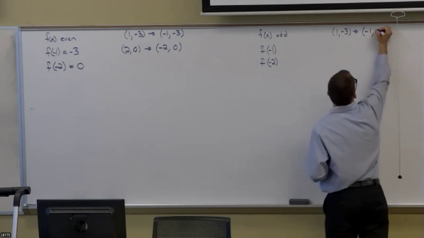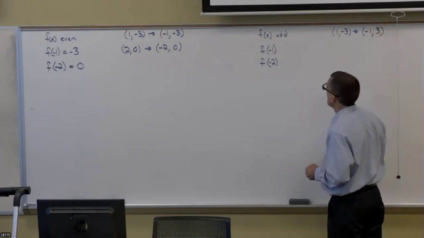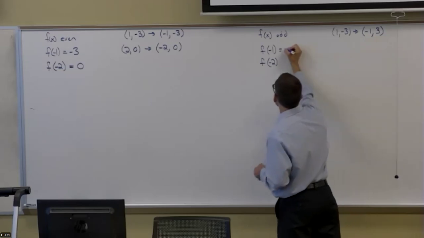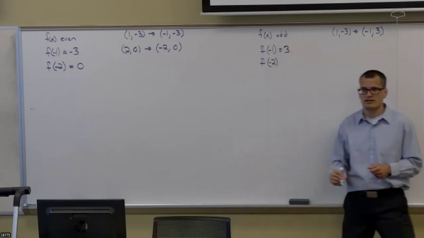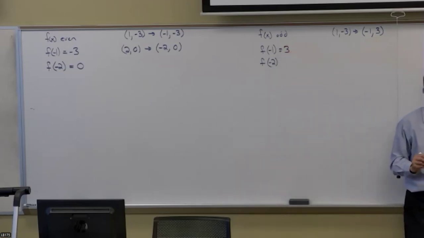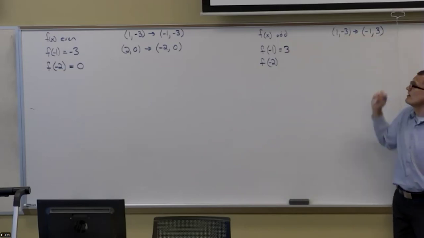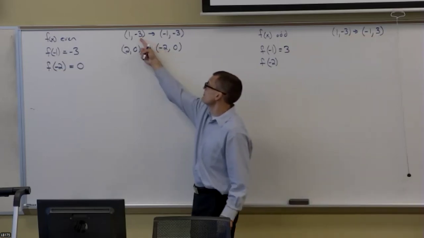Exactly. So when we plug in a -1, we're going to get out +3. So odd functions are flipping the sign from here to here. Even functions are keeping it the same.